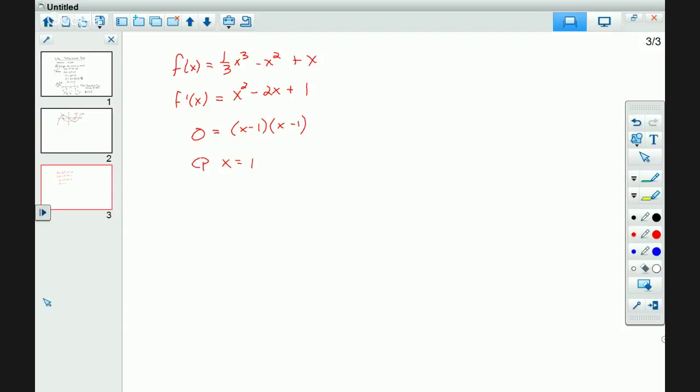Okay. We're going to do a sign analysis. So I'll choose 0 and 2. Remember, we're plugging into f prime. So if I plug in 0, what do I get?